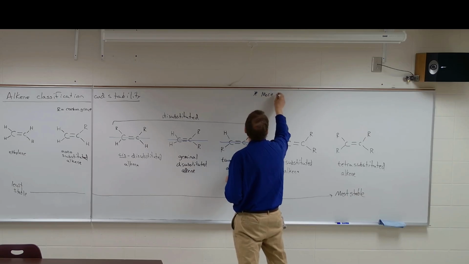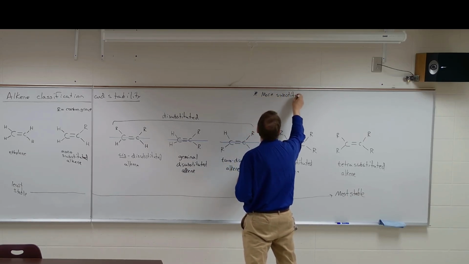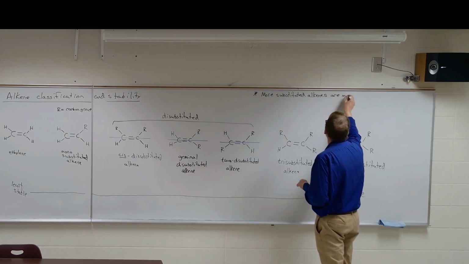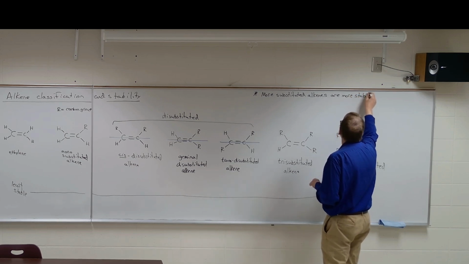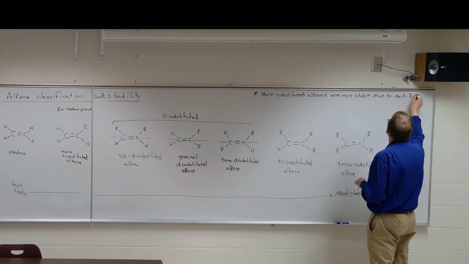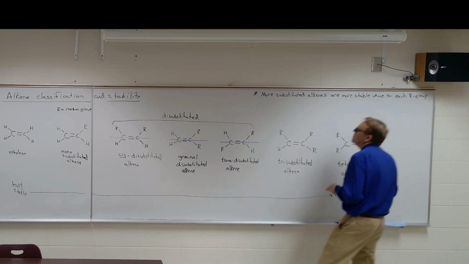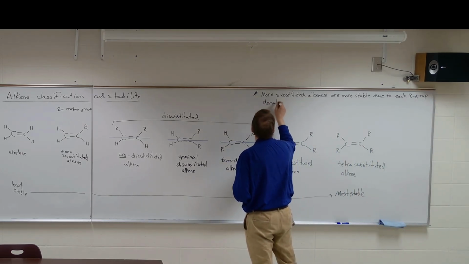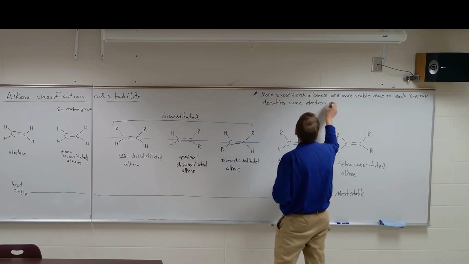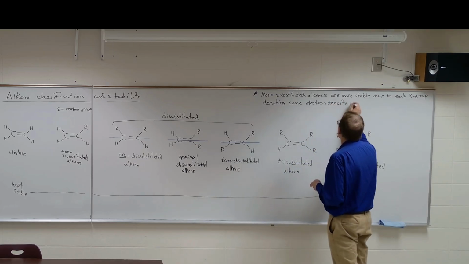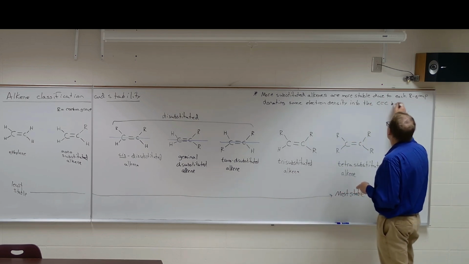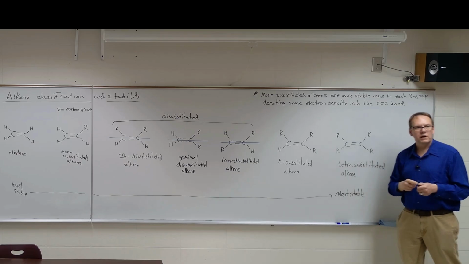More substituted alkenes are more stable, due to each R group donating some electron density into the C=C bond, and that helps to strengthen it, or stabilize it a bit.